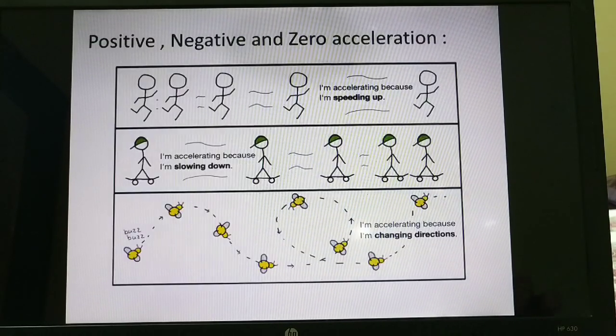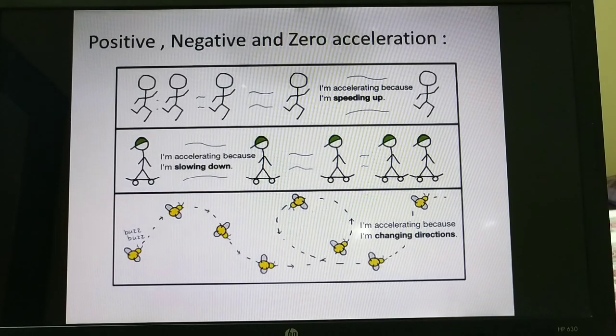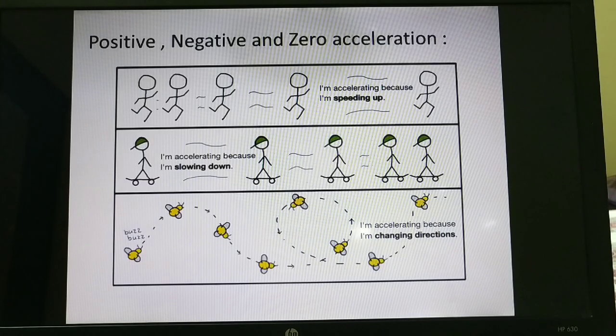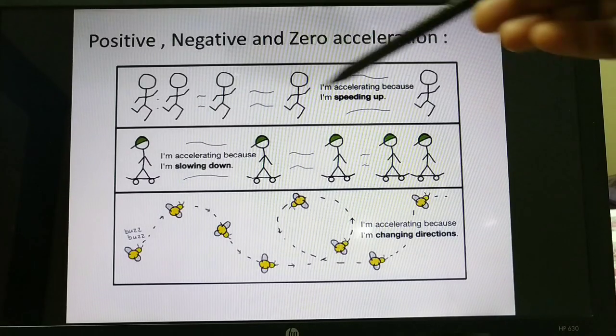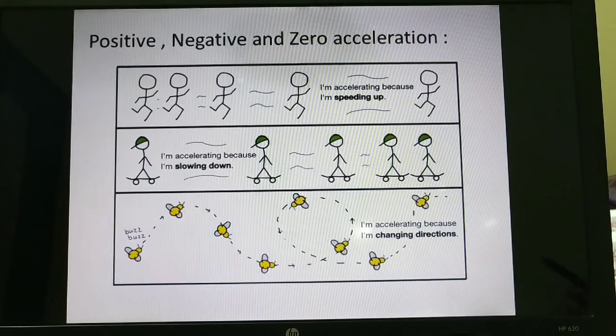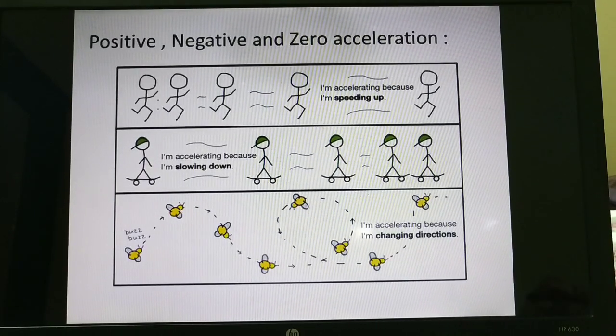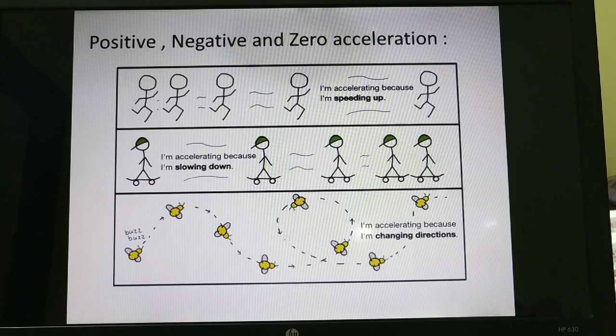There are types of acceleration. So we'll see here again the same picture has come: positive, negative and zero acceleration. Positive acceleration means when speed increases. When you go on increasing your velocity, the difference in that velocity will be a positive value.